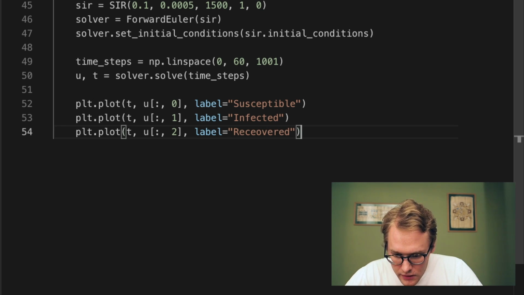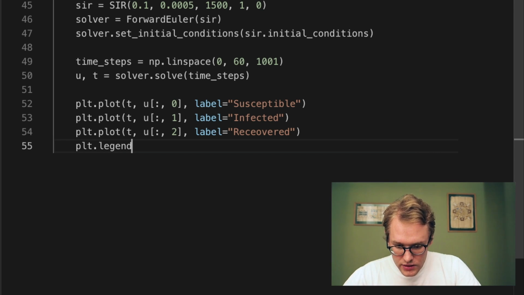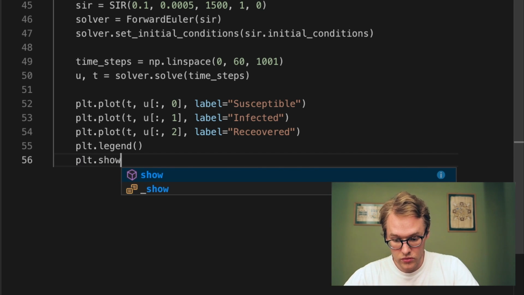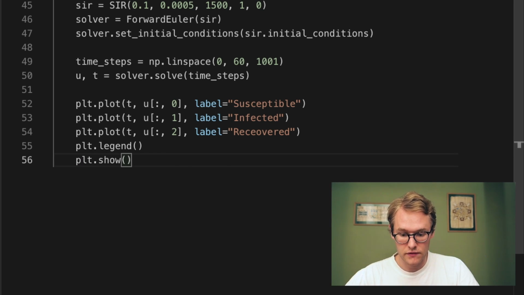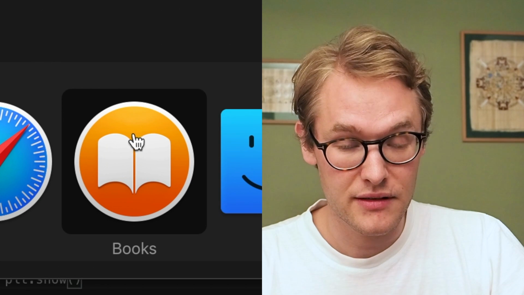Yeah, I think that's correct. And we want a legend to see our labels, and we want to show this stuff. Alright. I have iBooks open. That's how cool am I?